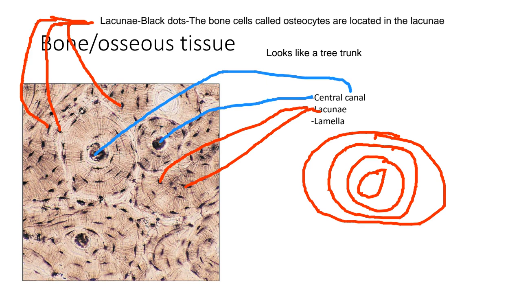So this space right there, or that space right here, we call that the lamella. The space between the rings, I guess, is what I mean. So that's called lamella.